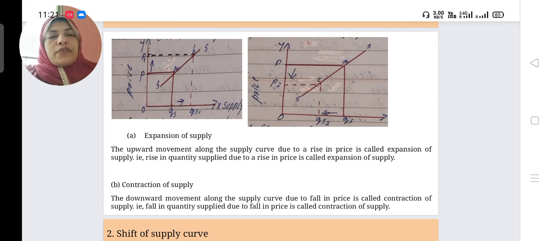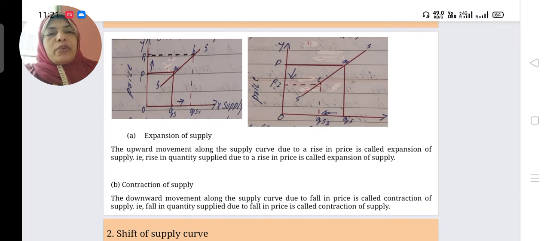Look into this first diagram. The first price was OP. At that time, the producer supplied OQS level. Then price increased to OP1. At that time, the producer supplied OQS1.